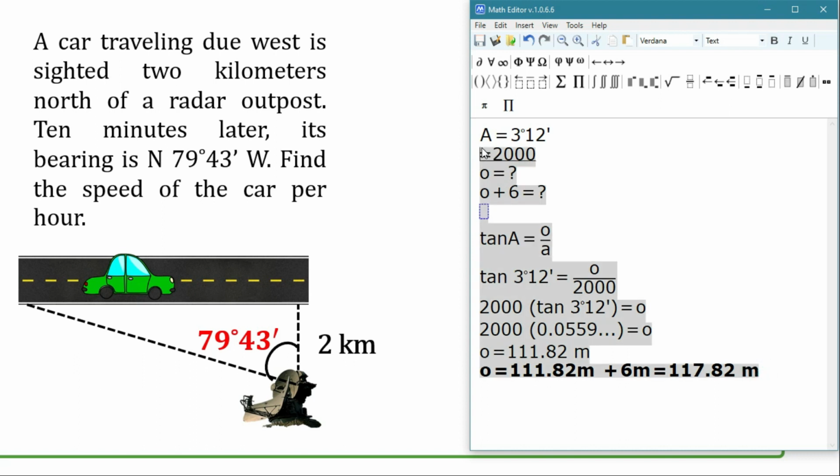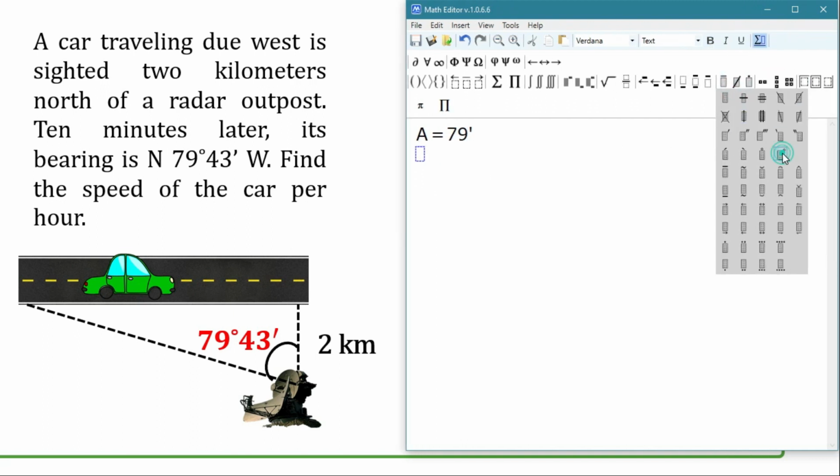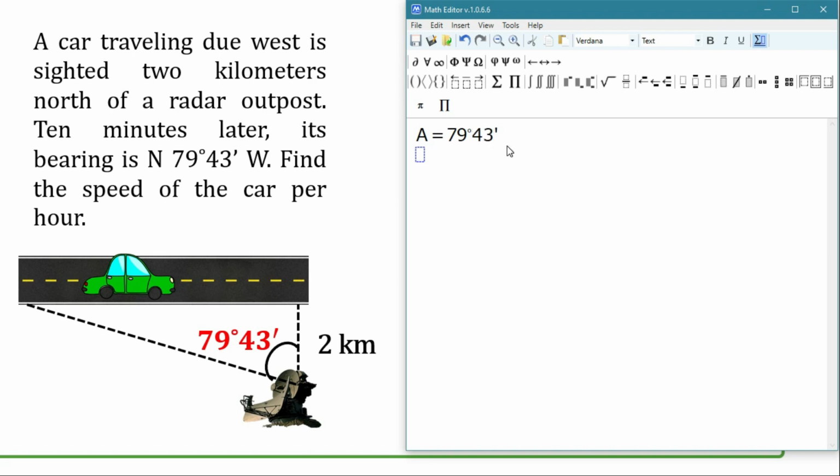Let's say the angle formed is angle A, which is 79 degrees and 43 minutes. Next, the 2 kilometers here is our adjacent side prior to our given angle, so the adjacent side equals 2 kilometers. And we are looking for the opposite side, which represents the speed of the car.